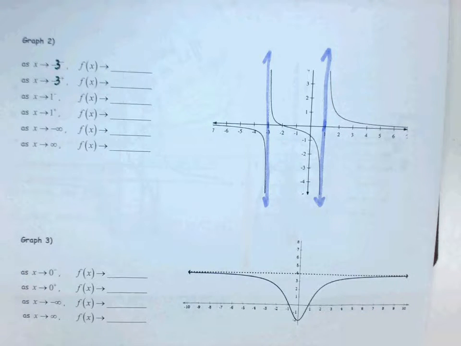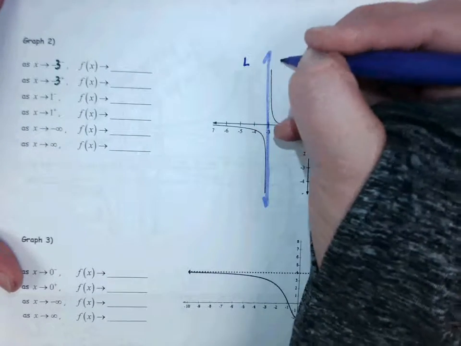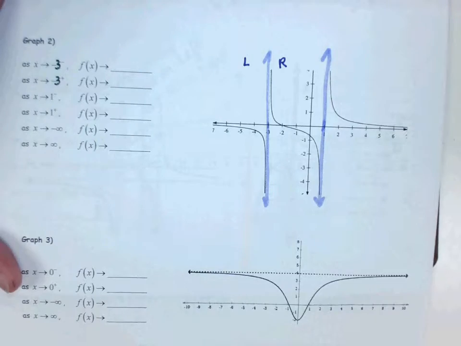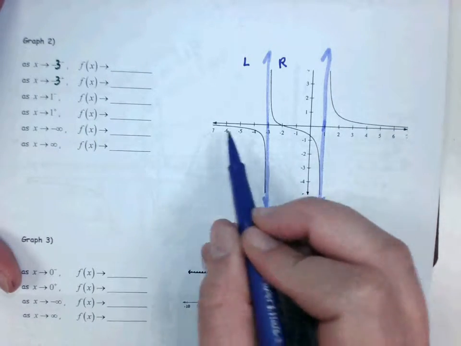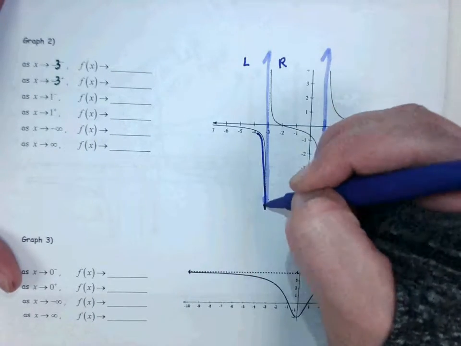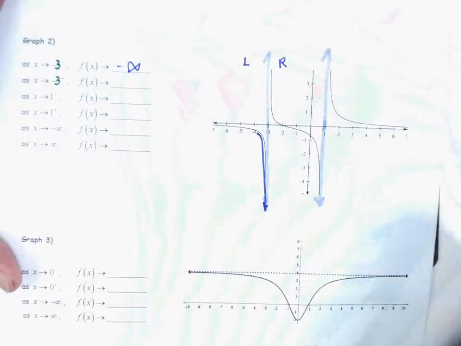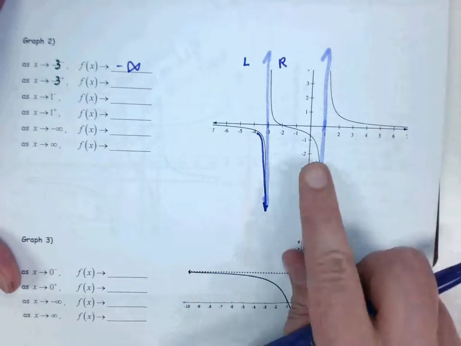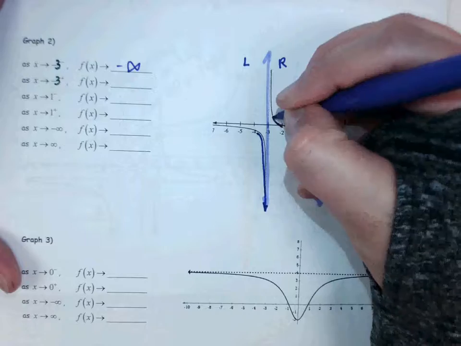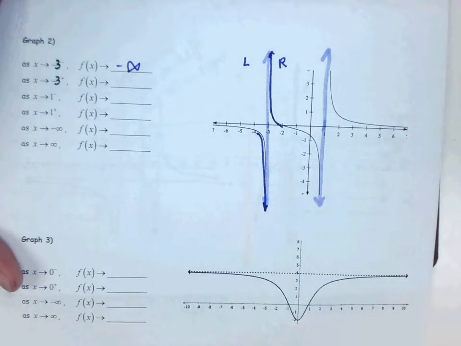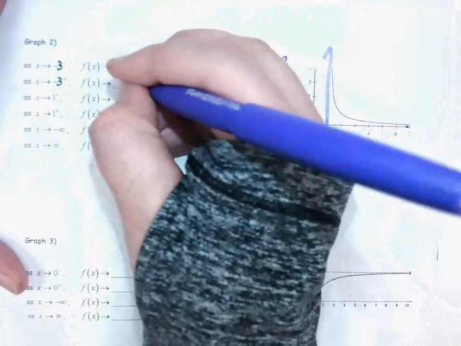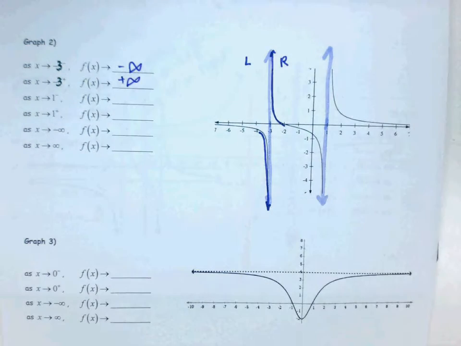Which way is the left side of the asymptote going? Okay, remember, left, right. So the left side, I'm over here. Which way is it going as I go closer and closer? Negative infinity. Okay, now come on the right side. I'm getting closer and closer to the line. What is that side getting closer to? Positive infinity.